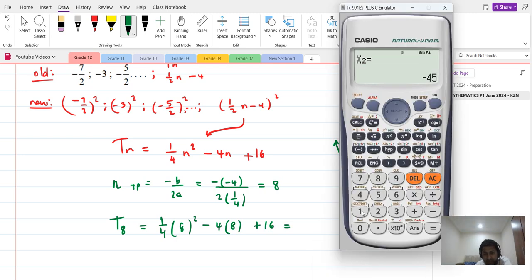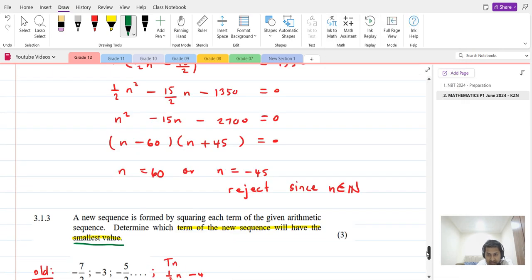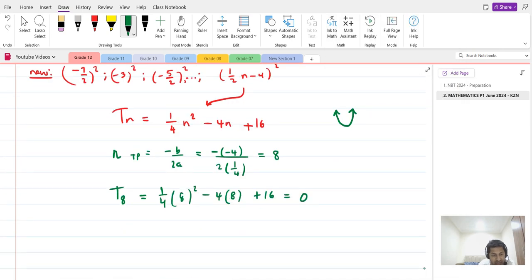So you say a quarter into 8 squared minus 4 times 8 plus 16. So the minimum value is 0. But they asked which term. So term 8 will have the smallest value.